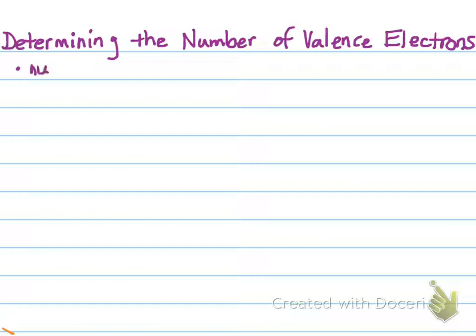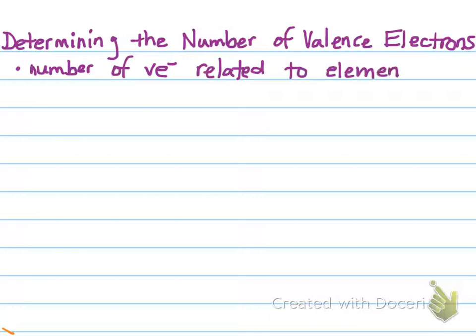The number of valence electrons is related to the element's group number in the periodic table.